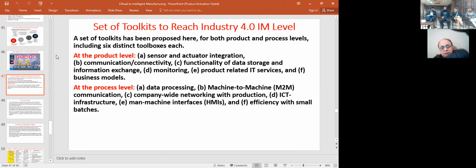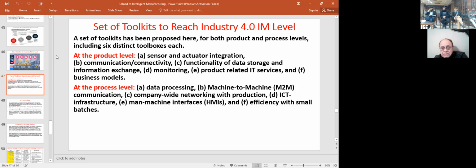The first set of toolkits goes at the product level and at the process level. At the product level, we have incorporation of sensors and actuators integration. B is communication and connectivity. C is functionality, data storage and information exchange. D is monitoring.